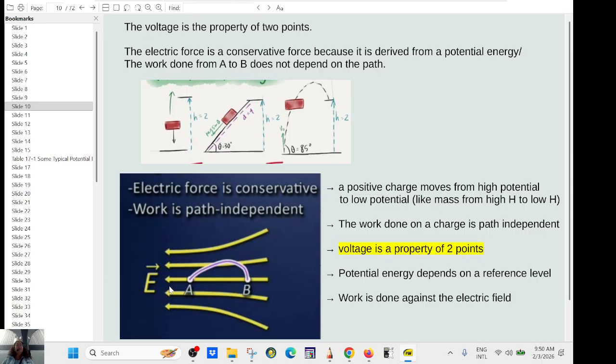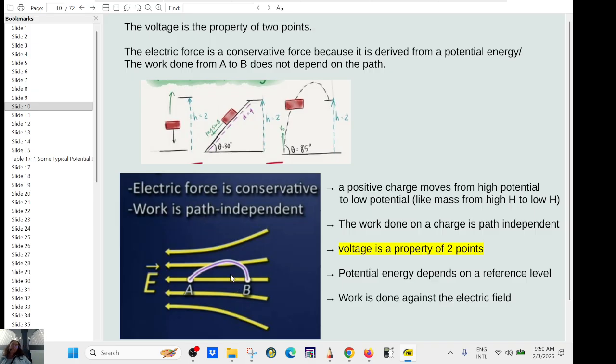Anyway, the electric field does not have to be uniform. You see here you have a strong electric field, and then the electric field is weaker. You can see that with the density of lines. From A to B, first it's going to be very hard to go against it, and then it gets easier.